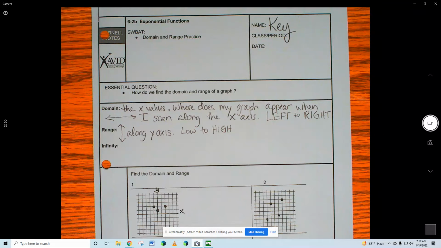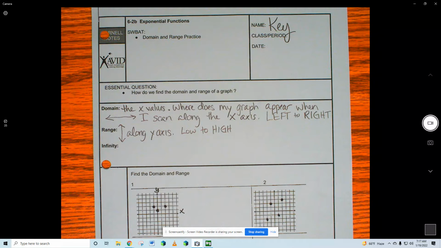So you're scanning from low to high. Low would be under the ground, in the dirt, the Earth's core, whatever, negative infinity. And as I scan up, I go up, up, up, and maybe the graph goes all the way up to positive infinity. That's range, low to high. So where does my graph appear when I scan along the y-axis? When I go from the lowest I can go, up to the highest, off the page, right?